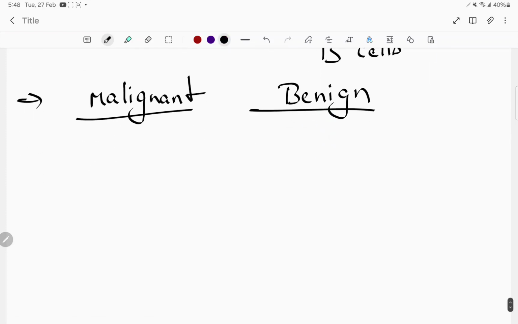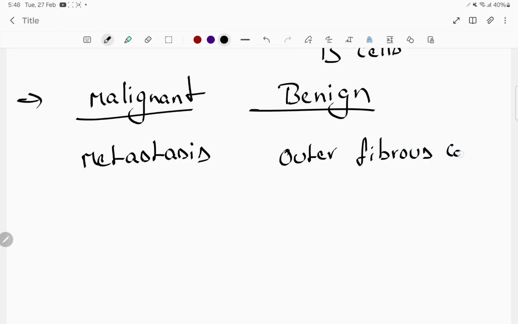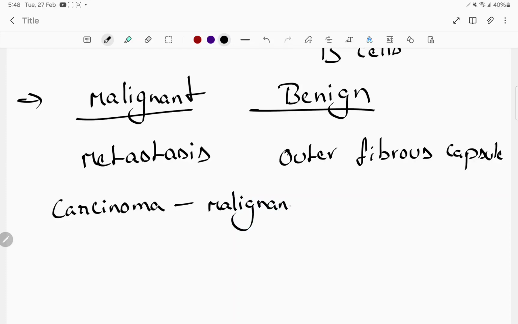Malignant show metastasis. Benign will be showing outer fibrous capsule. Carcinoma, when we have to call it as carcinoma, is when it is a malignant tumor of epithelial cells.